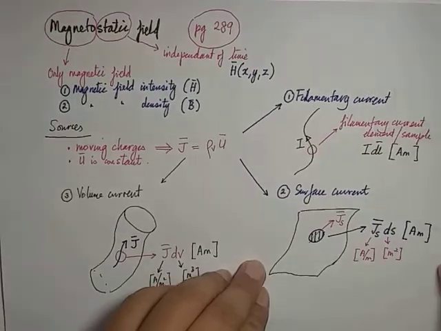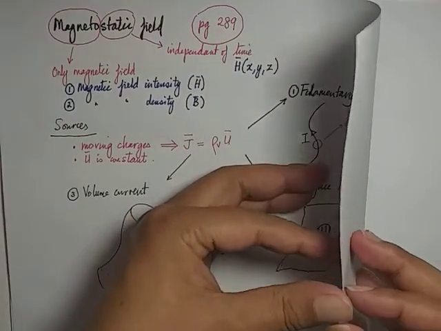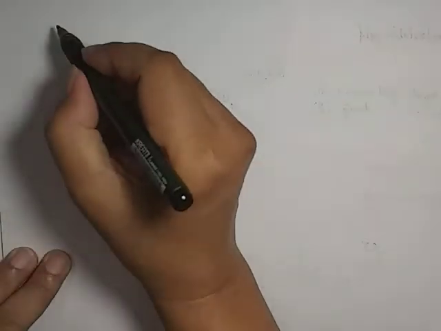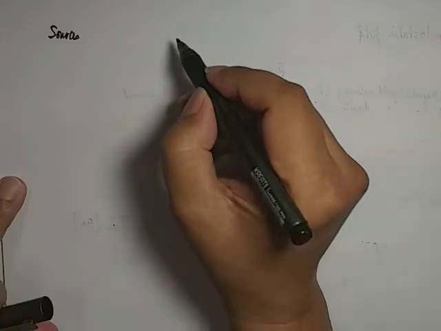What we're going to do now is talk about the link between the source and the field. That's what we're going to discuss now. The relationship between the source and the field.